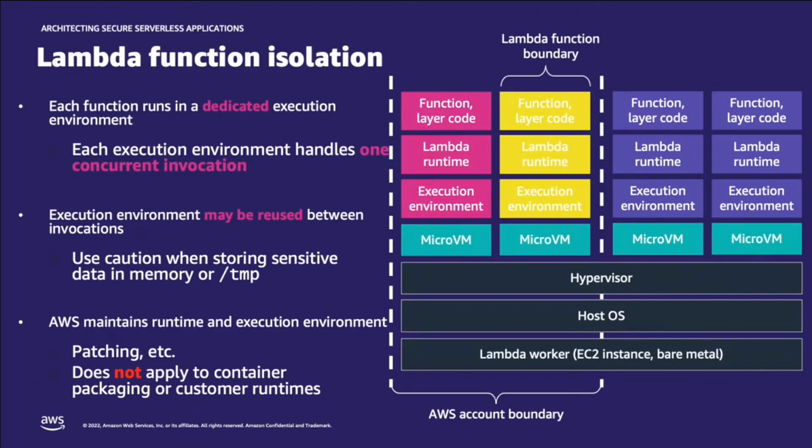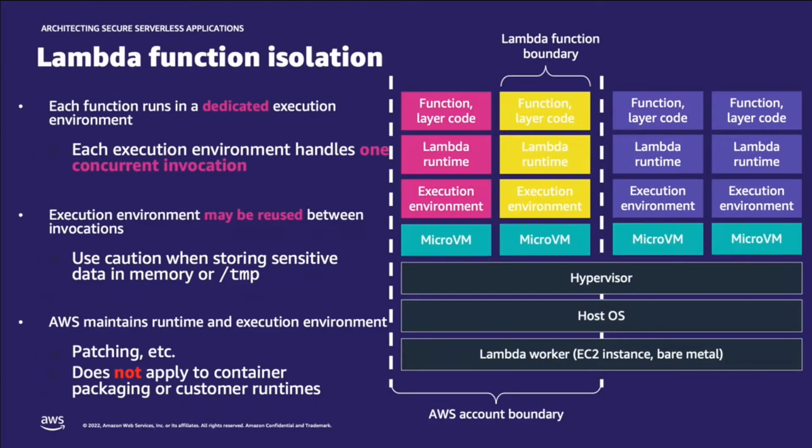Pretty much what happens behind the scenes is that every worker has a maximum lifetime of 14 hours, and when this worker approaches the maximum lifetime, no further invocations are routed to it, and these micro VMs are gracefully terminated, and the underlying worker instance is terminated.